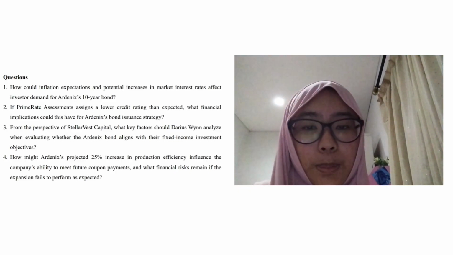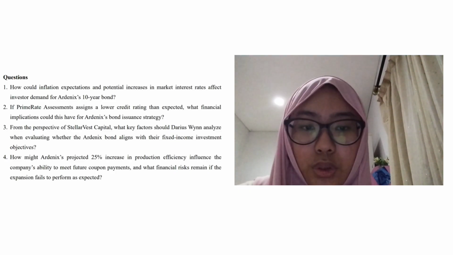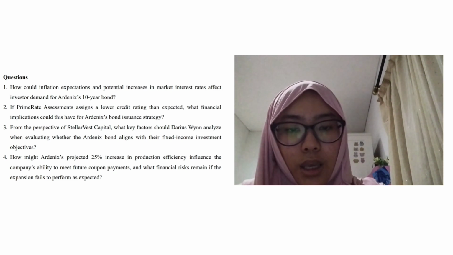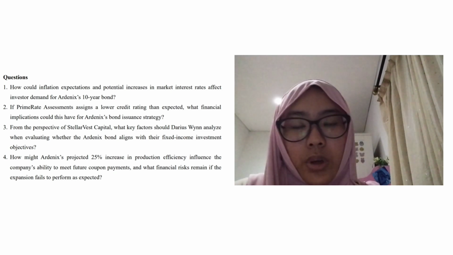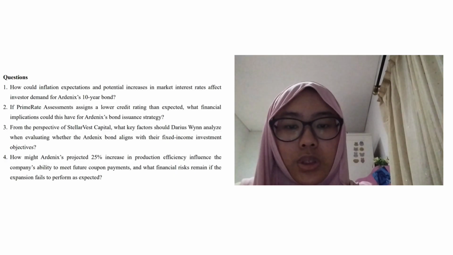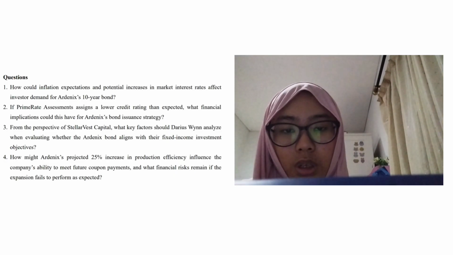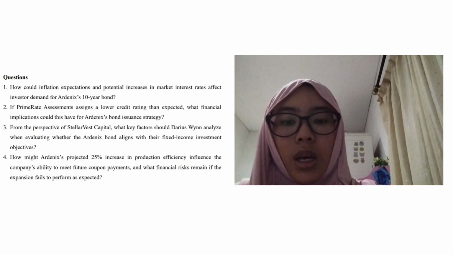Okay, and to calculate the specific price of the Ardenix Manufacturing Group bond, we must account for this semi-annual payment structure. If market interest rates or the required yield rise due to the inflation concerns mentioned by the board, the bond price will drop below its par value.